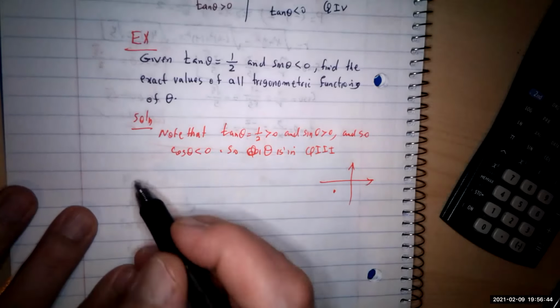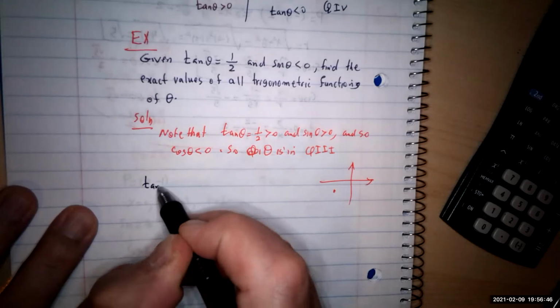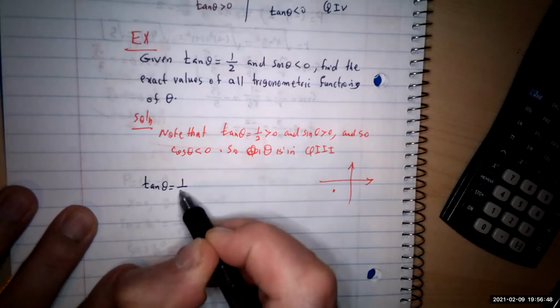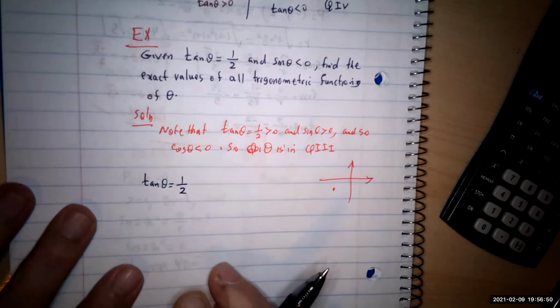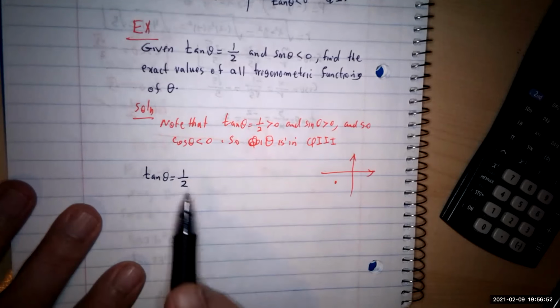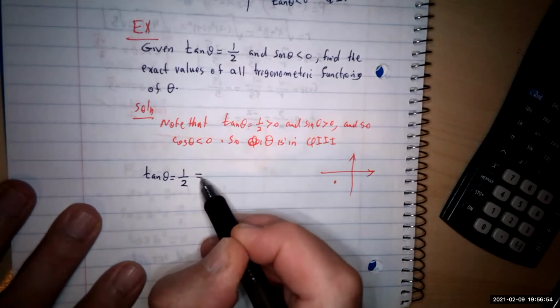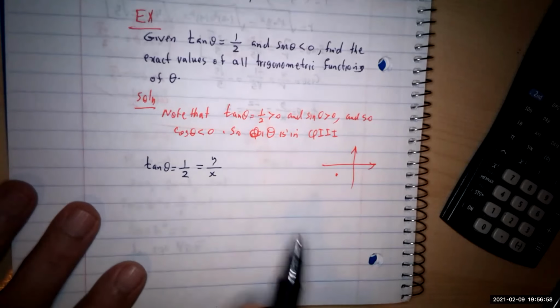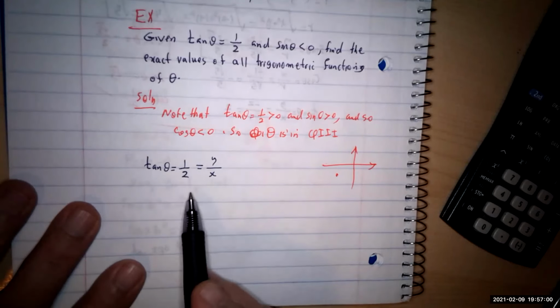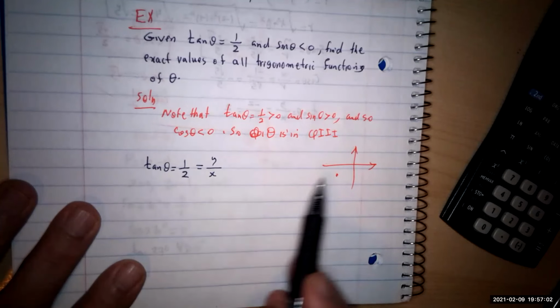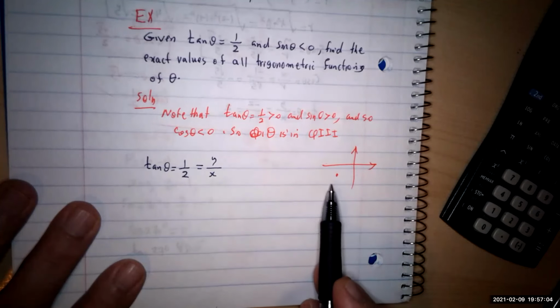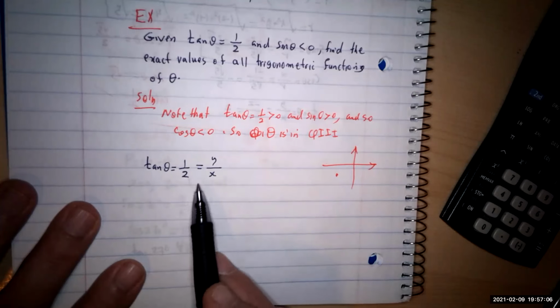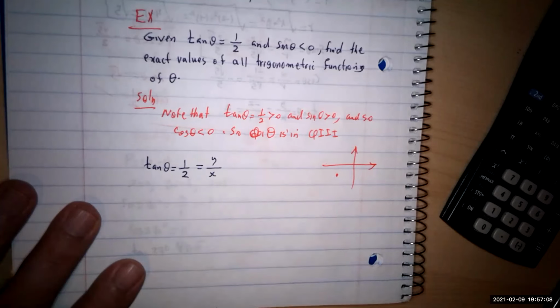So now we can say that the tangent of theta is equal to 1/2, and we know that this is equal to y over x. If you compare them together, the situation is that the sine and the cosine are negative.